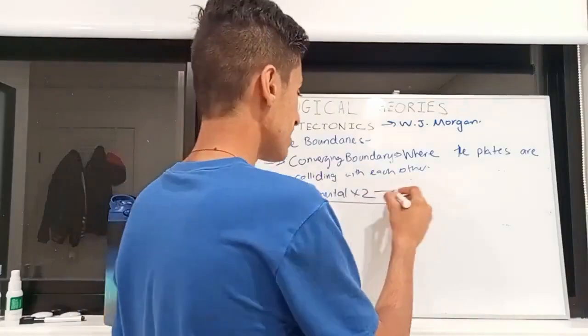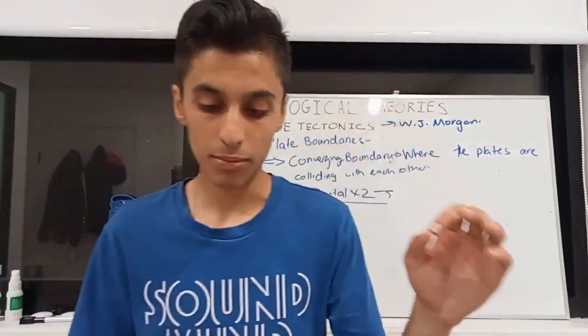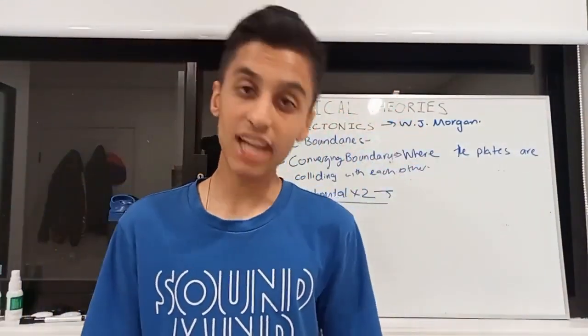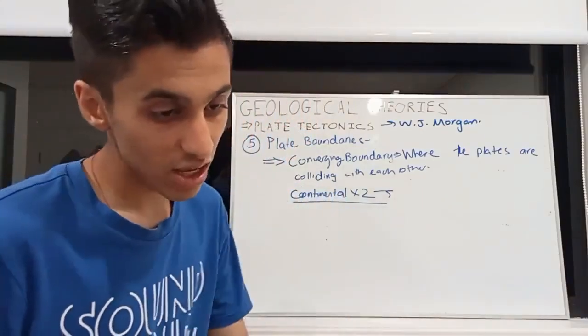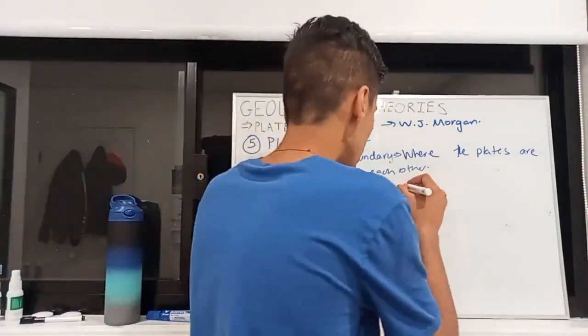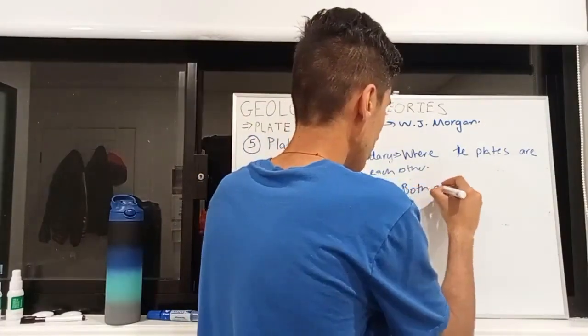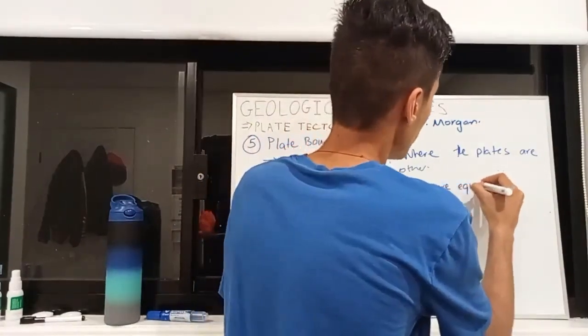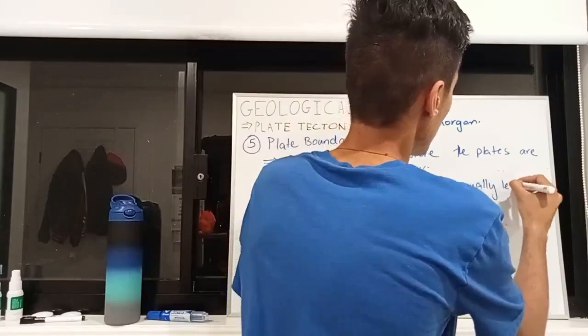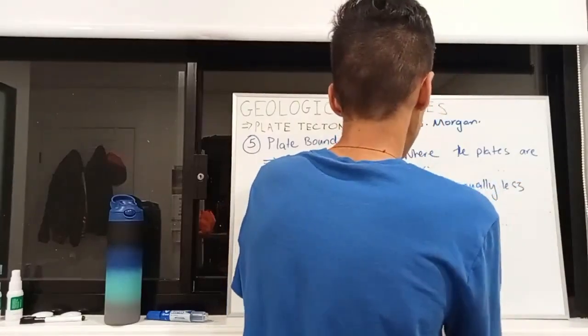So in this case, since both plates aren't very dense, both are equally less dense.